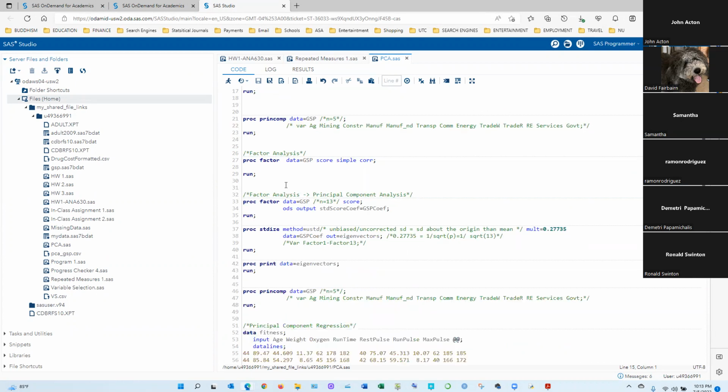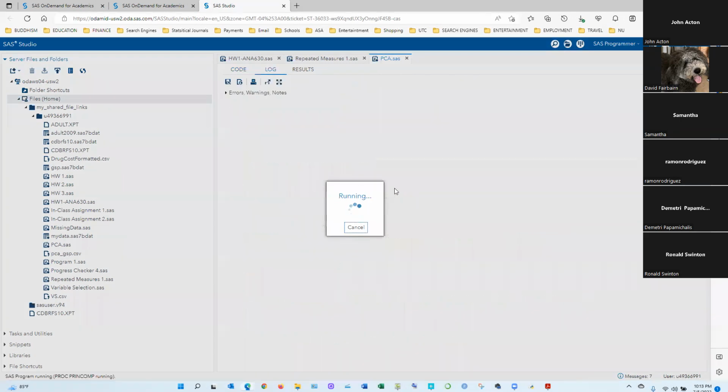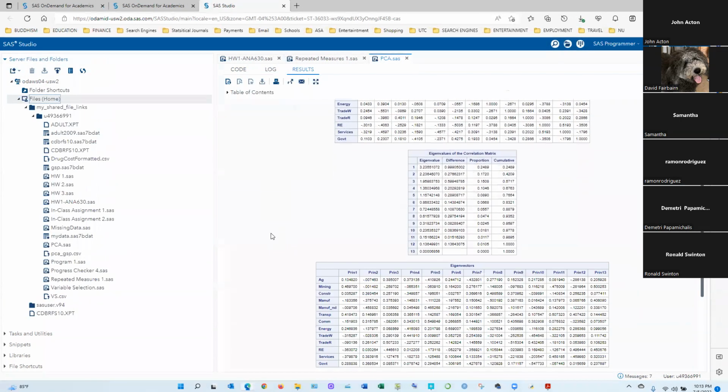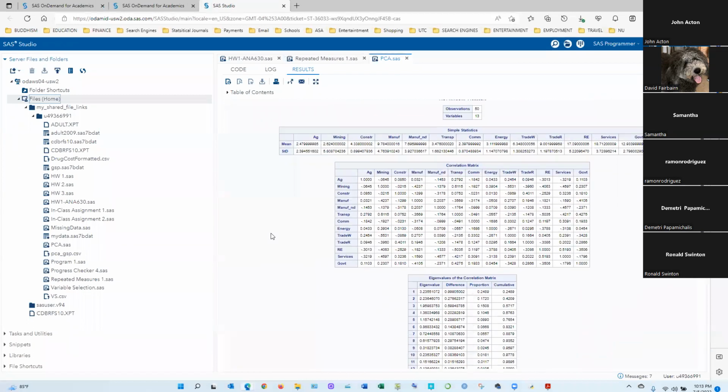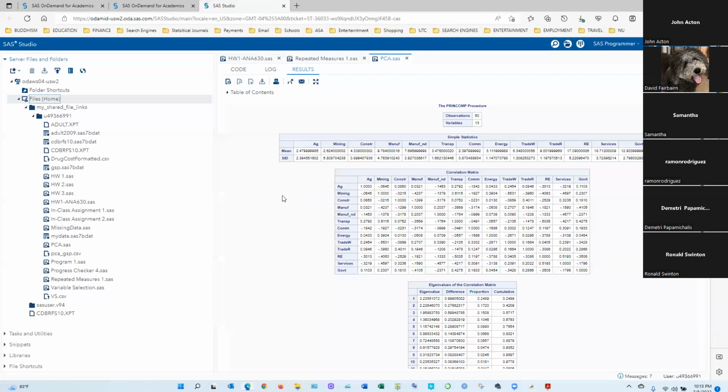If you run the principal component analysis, now we have 13 variables. You now know how we got these: the averages and standard deviations, and this is the correlation matrix. Correlation or covariance matrix doesn't matter.